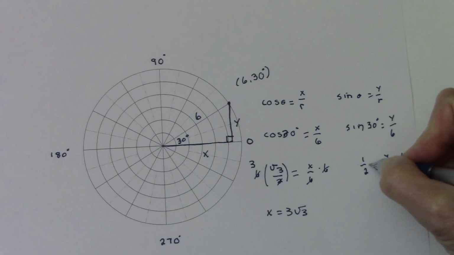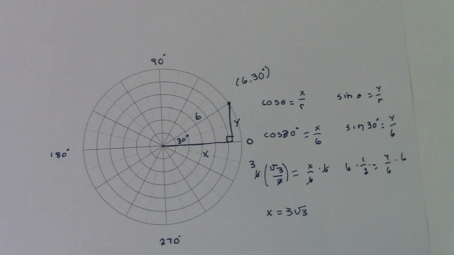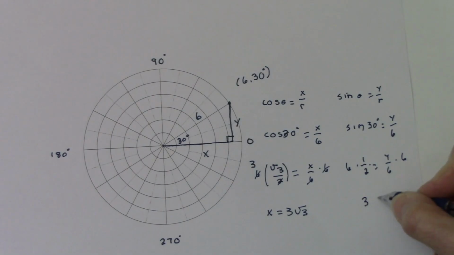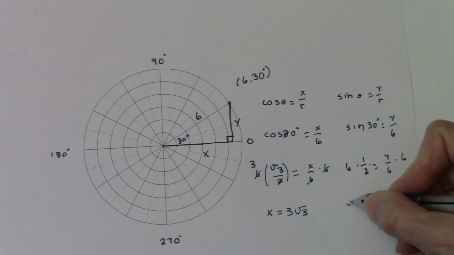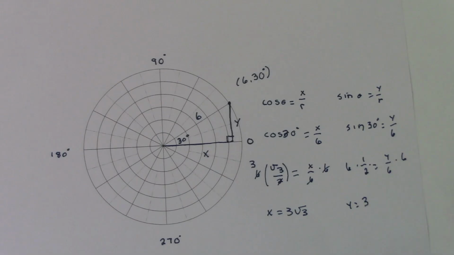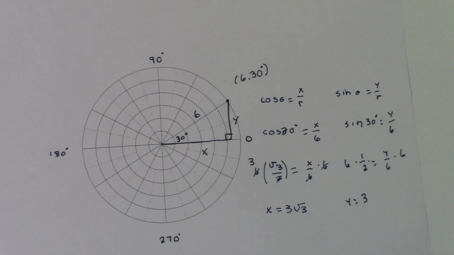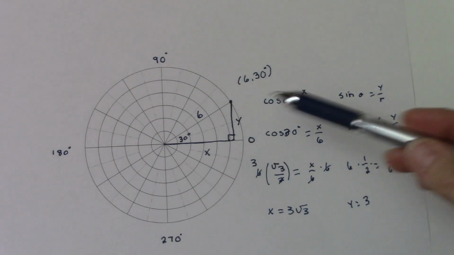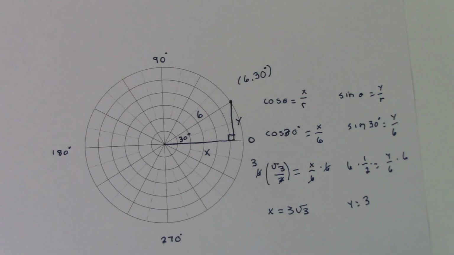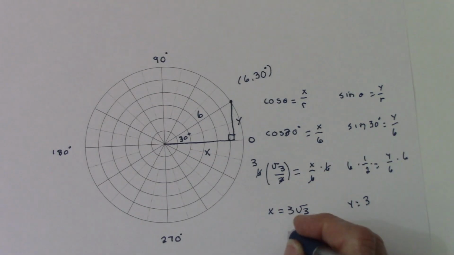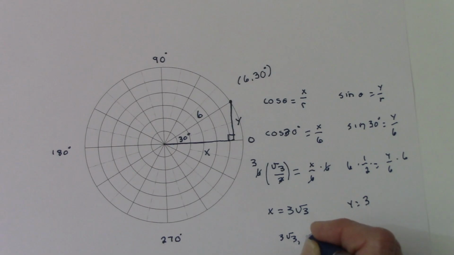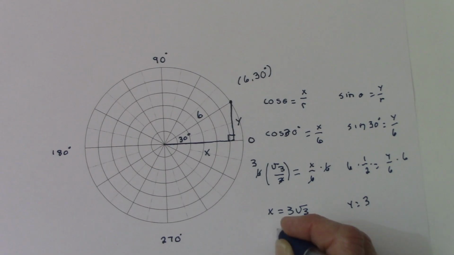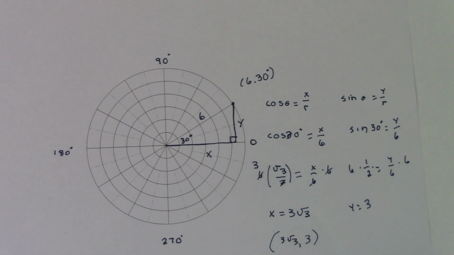Multiply both sides of the equation by 6, and I get that y equals 3. So the coordinates for converting the polar point 30 degrees to rectangular coordinates are 3 square root of 3 for x and 3 for y, and that's how we convert it.